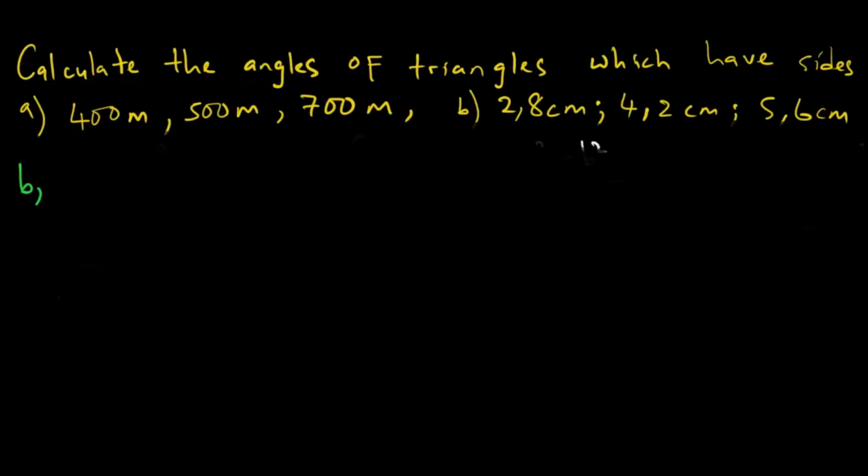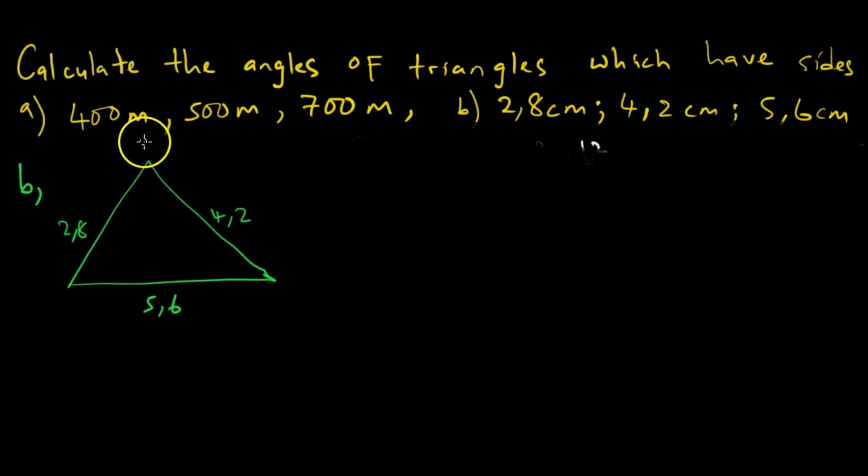Looking at B, this is going to be our triangle. One side 2.8 centimeters, rimwe 4.2, rimwe 5.6.